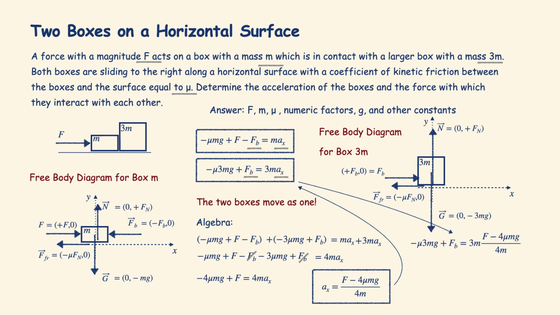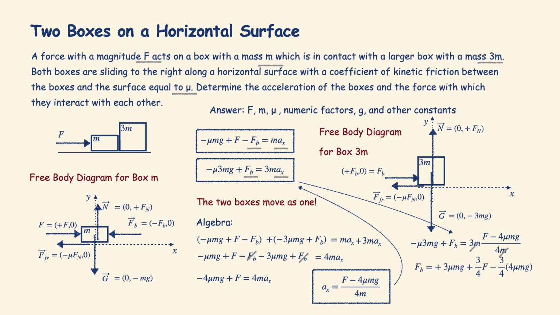Let's see how this equation is going to look. I'm going to have minus mu 3mg plus Fb, and that has to be equal to 3m times the x component of the acceleration, which I know is equal to F minus 4 mu mg divided by 4m. And here's some fun. M here on the right-hand side of this equation will cancel, and I can distribute it actually.